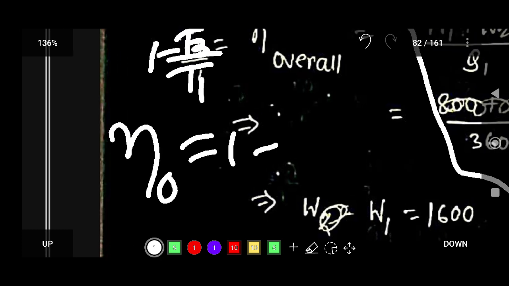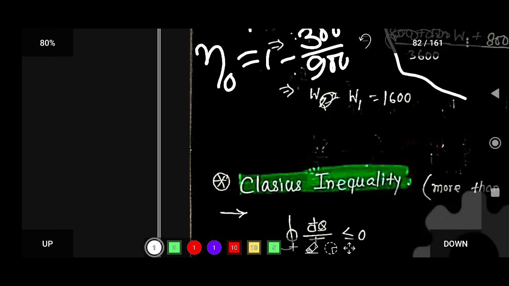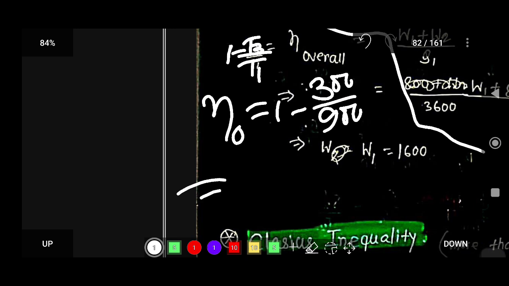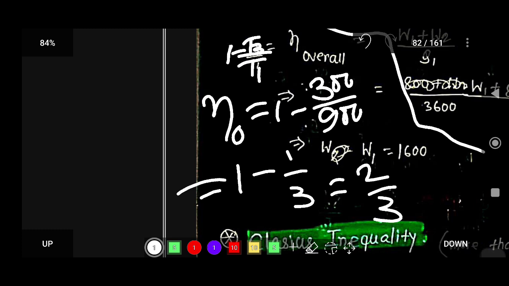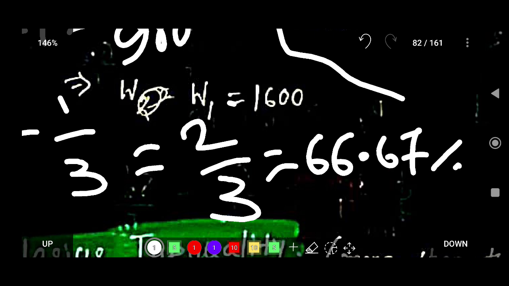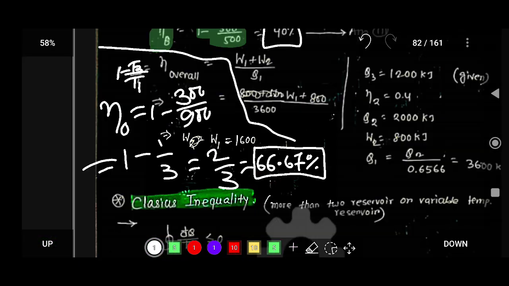If you calculate this value, it is 1 by 3, so 1 minus 1 by 3 is equal to 2 by 3. So this is basically 66.67%. This is the overall efficiency.